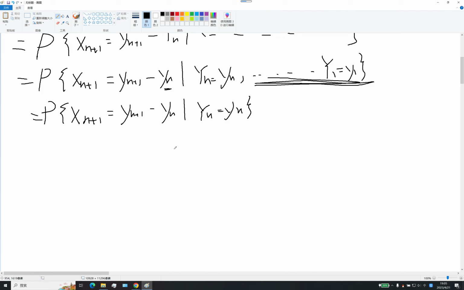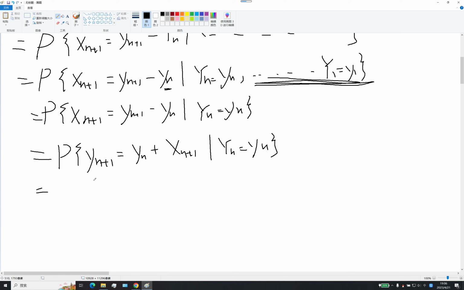So now we can change the form like this. We get the Yn on the left part and the Y(n+1) on the right side, and we know that Y(n+1) is equal to Yn + X(n+1) on the condition of Yn = yn.